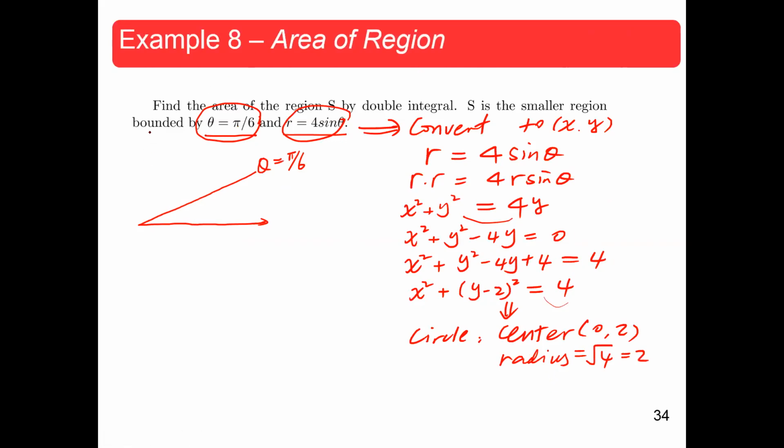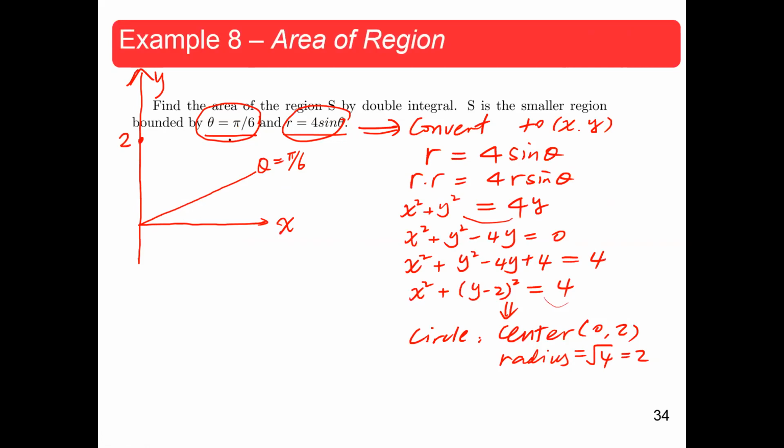So I'm going to go ahead and sketch this graph over here. It should be a circle. Here's the x-axis, here's the y-axis. This is the circle with center at (0, 2). (0, 2) is on the y-axis. Let's suppose this is 2, and the radius is also 2.